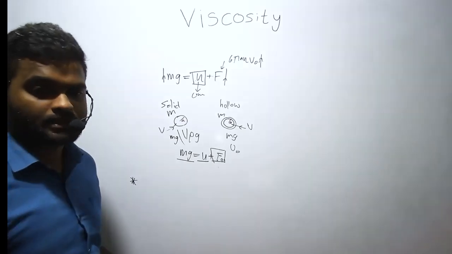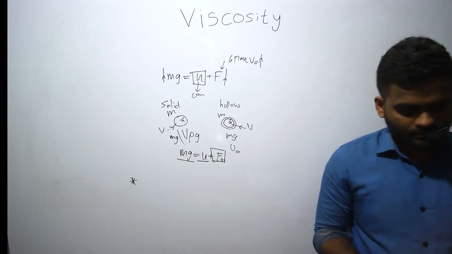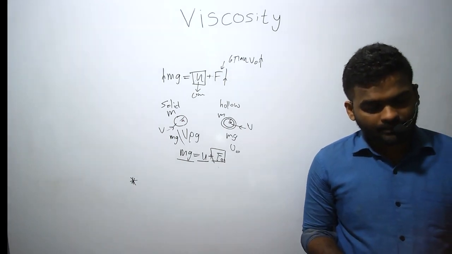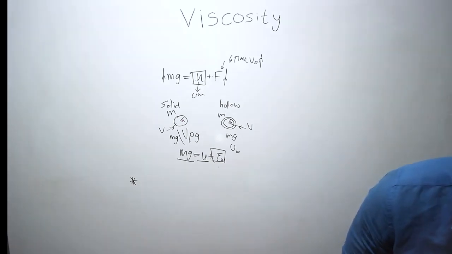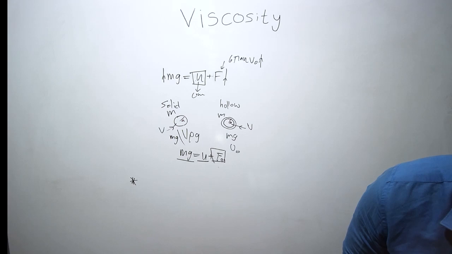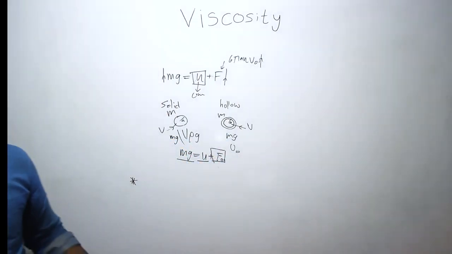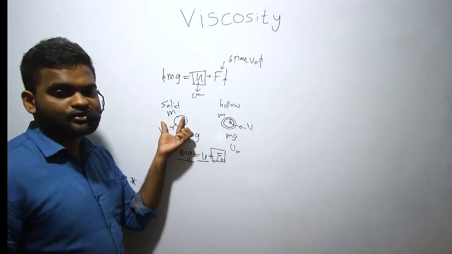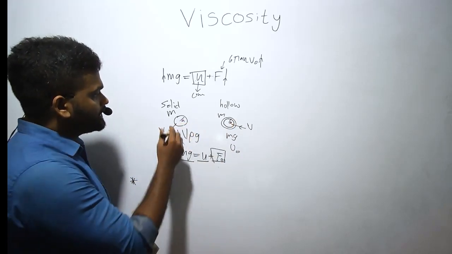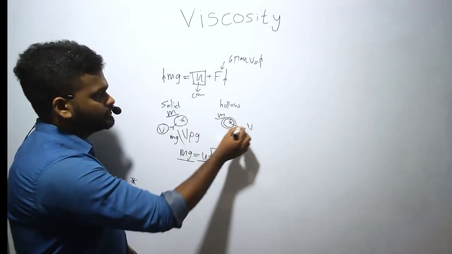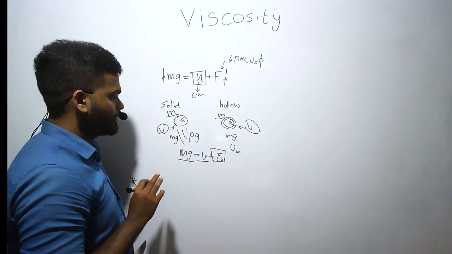Put another asterisk mark. Here this one is solid, this one is hollow. Both have the same mass and same volume.